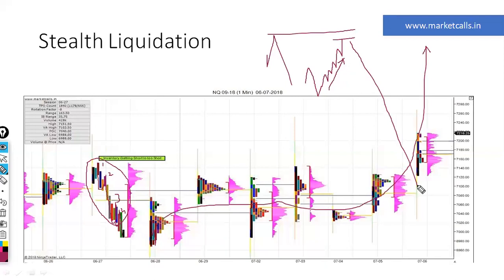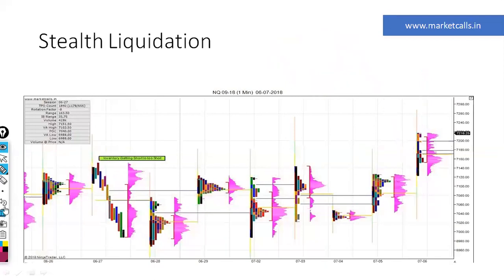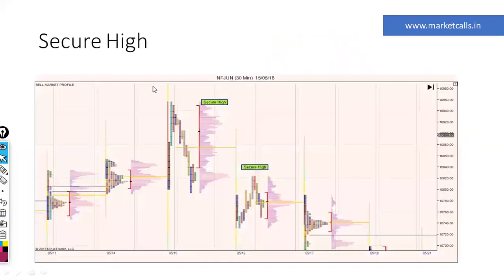These kinds of patterns happen very rarely. The combination of G2 and a stealth auction happens really rarely. That says that the markets are dangerously long now. What you can anticipate is a short covering, long liquidation in the markets. Right, that is one more example of inventory getting long to too long.